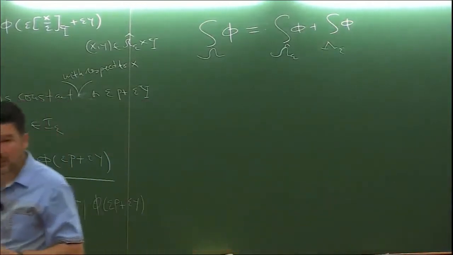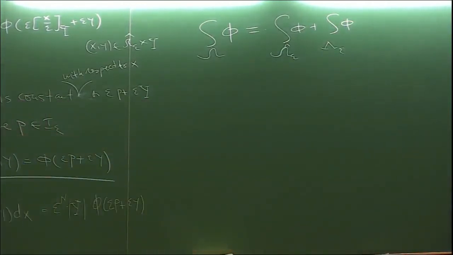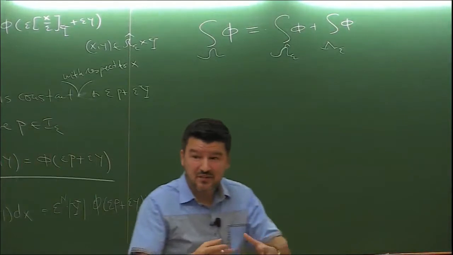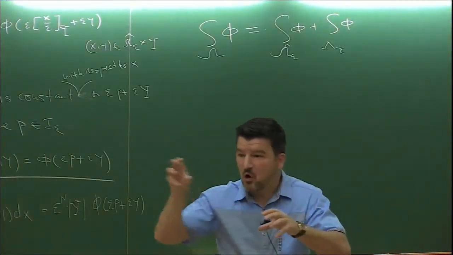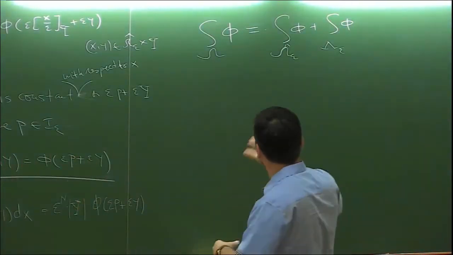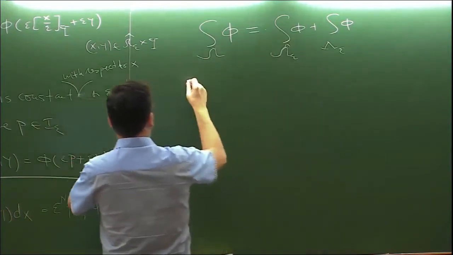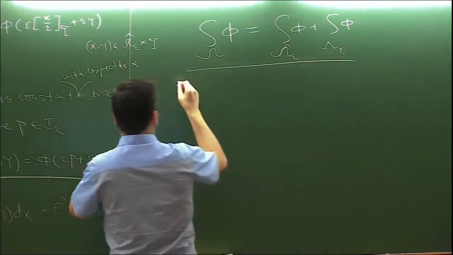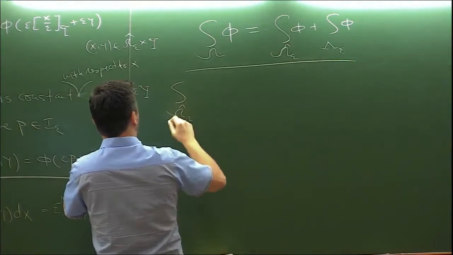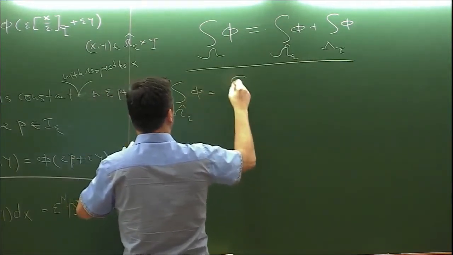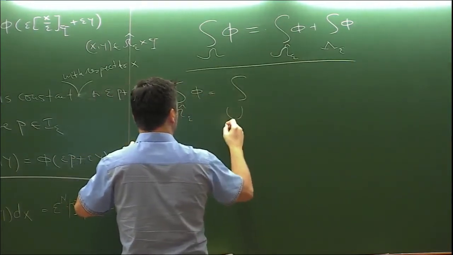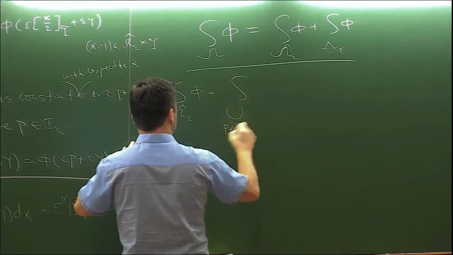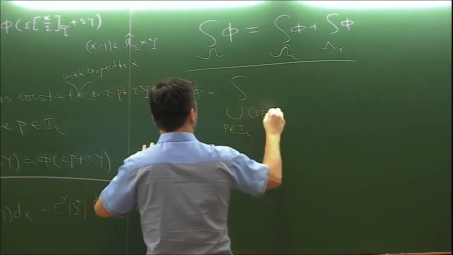Okay? Now, on the interior set, I have another property. The interior set is a union of small epsilon y translates. So I can break the integral here as well. So let's take it separately. So we'll keep this here. So now the interior set is the union. So it's an integral on a union, for an integer in that index set, of epsilon y translates.